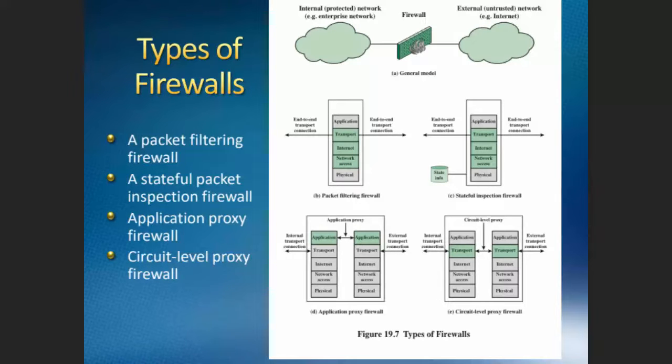We have the stateful inspection firewall. We have the application proxy firewall, which will allow or deny applications. And we have the circuit-level proxy firewall. So these are the types of firewalls.